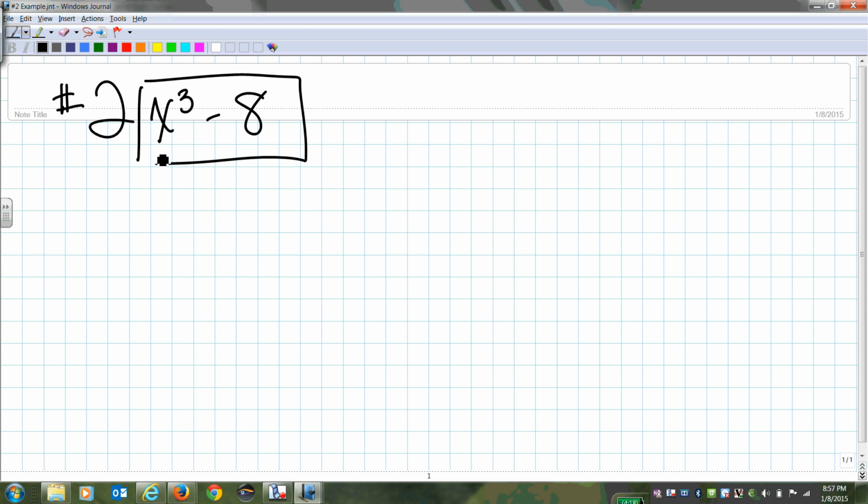Now, here's the shortcut I was looking for. When you're working with sum and difference of cubes, you have these two formulas. I'm going to color code it for you. We have a to the third plus b to the third, and the way you break it down is like this.